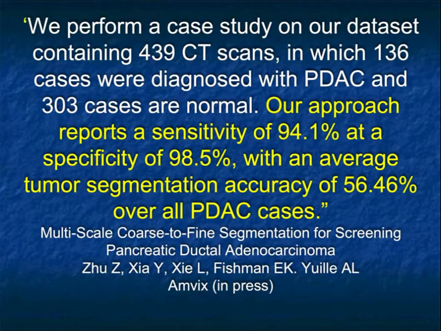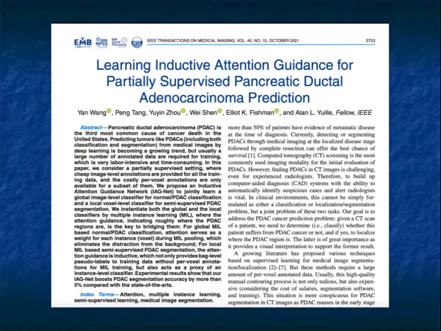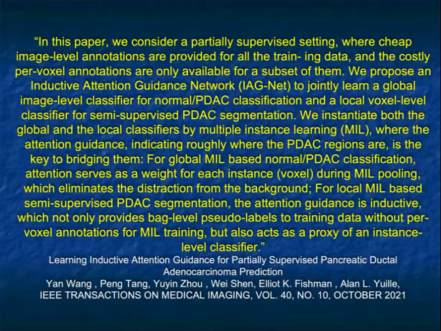When you look at this multi-scale course-defined segmentation for screening for pancreatic ductal adenocarcinoma, sensitivity 94%, specificity 98%. So again, very, very important. And here's one of the articles by Yang Wang and the team, Learning Inductive Attention Guidance for Partial Supervised Pancreatic Ductal Adenocarcinoma Prediction.